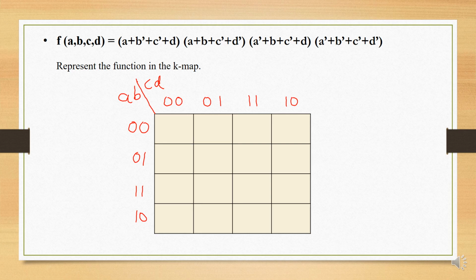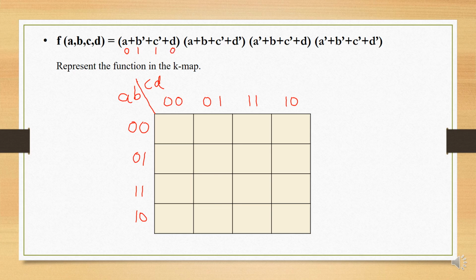Now we know that for each max term representation, 1 is considered as the complementary variable and 0 is considered as the uncomplementary variable. So let me write the values for each max term here. A will be considered as 0, B will be considered as 1, B bar as 1, C bar is 1, D is 0.